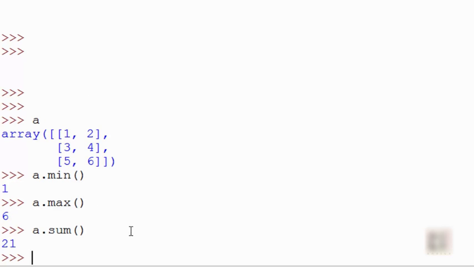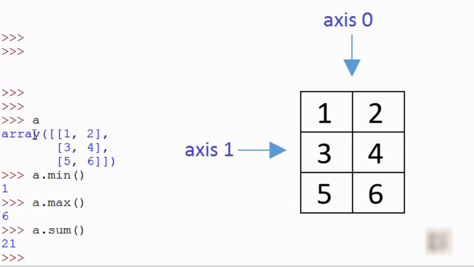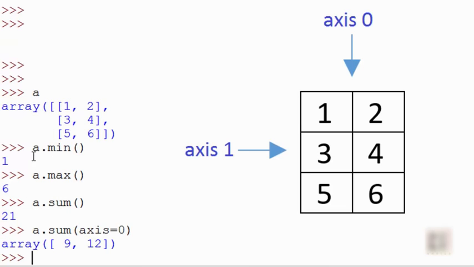Now there is a concept of axis in numpy array. Axis means your dimensions. So my axis 0 will be these columns, and my axis 1 will be these rows right here. So when I do a.sum and I say axis equal to 0, it's going to look at each of these columns.